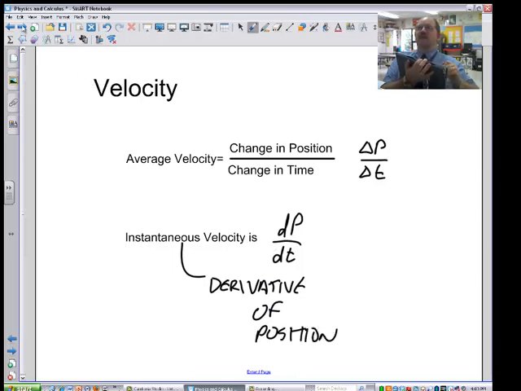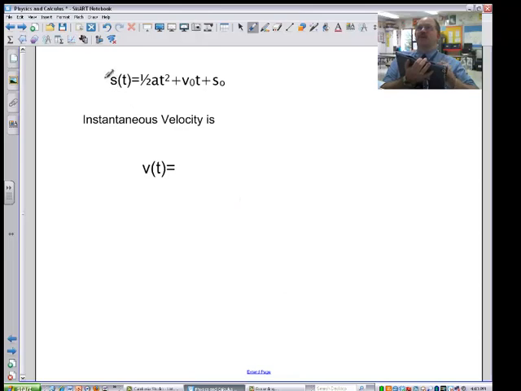So if my function s(t) is 1/2 a t squared plus v naught t plus s naught, then the instantaneous velocity is just going to be the derivative of this position function, the derivative with respect to time of s(t). We use our rule, so we're just going to differentiate the t variable.